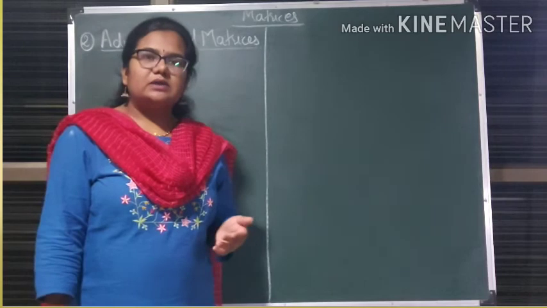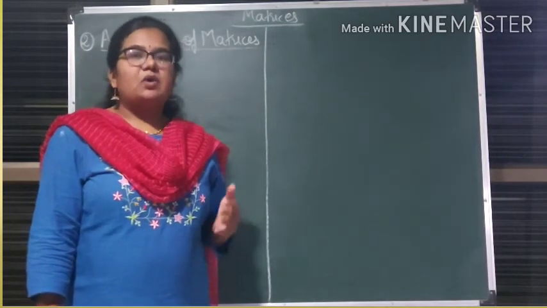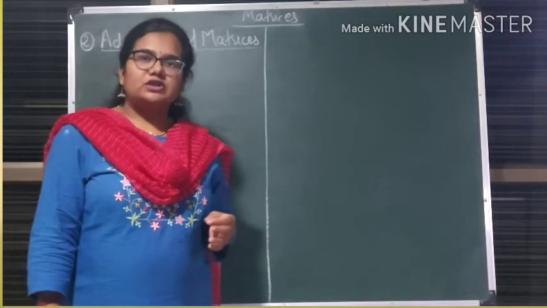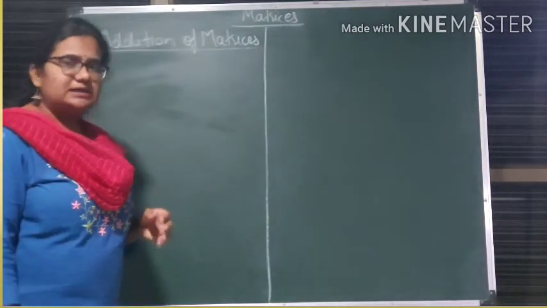If the order of the given matrices is not the same, then you cannot add the two matrices. Why you cannot add them? Because if the order is not the same, then how will you add the corresponding elements? So the first condition for addition of matrices is that the order of the matrices should be the same.